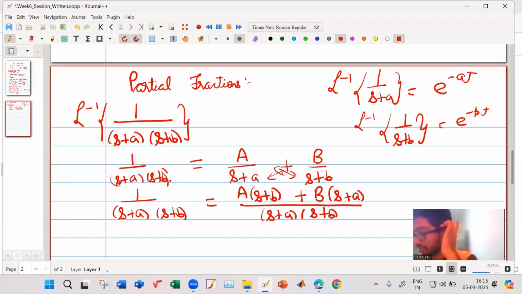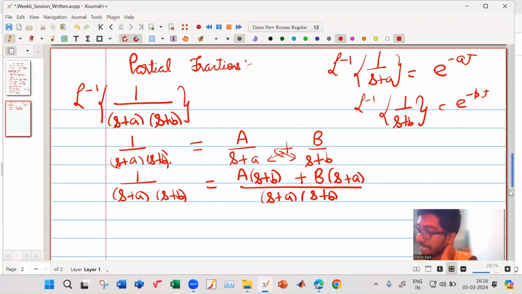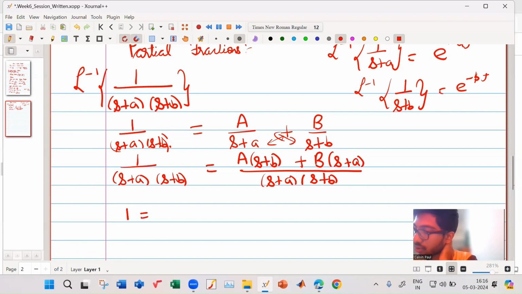Okay. So now the denominator is common. It is the same. That means we can equate the numerators. So we get 1 is equal to capital A into s plus b plus capital B into s plus a.